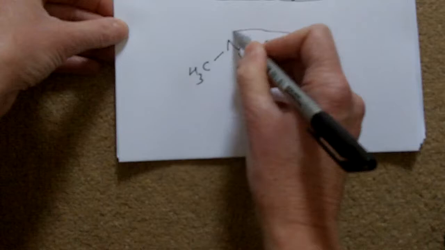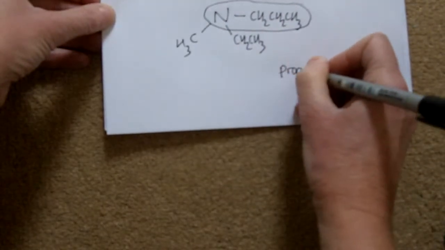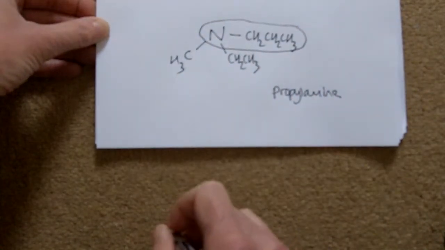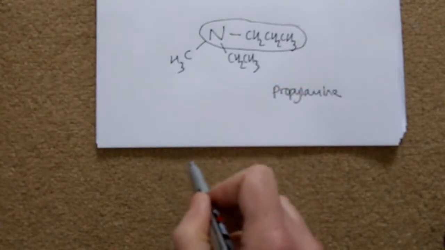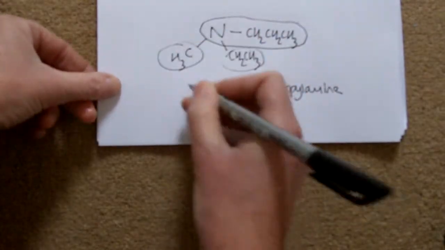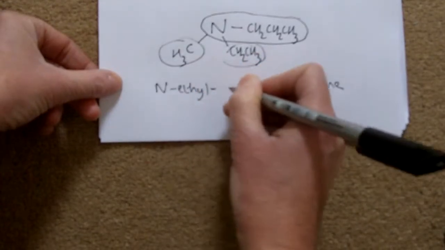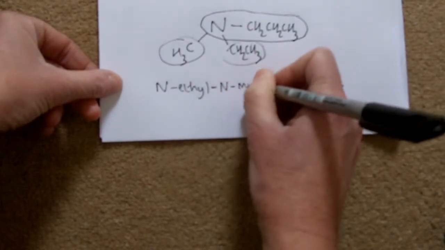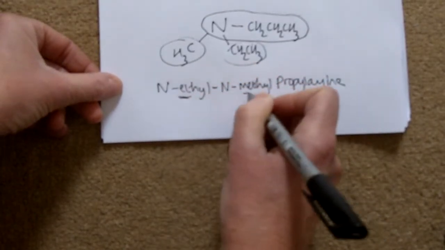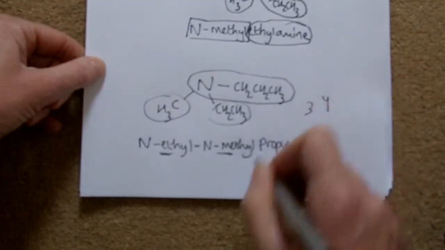You take the longest carbon chain, so it would be called propylamine. Then you put the others in alphabetical order: that's ethyl and that's methyl, so it'd be called N-ethyl-N-methylpropylamine. So it's alphabetical order, E then M. Okay, and that's how you'd name that, and it's a tertiary amine.